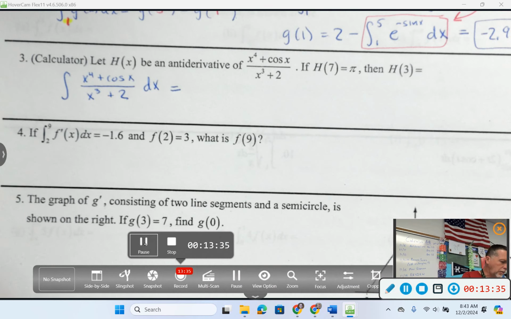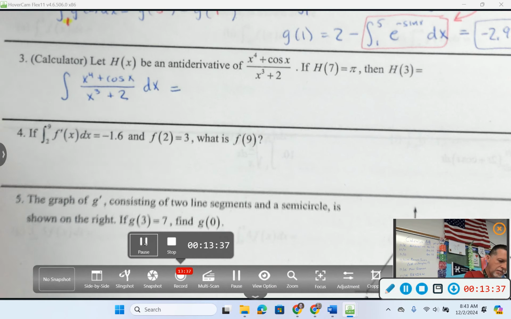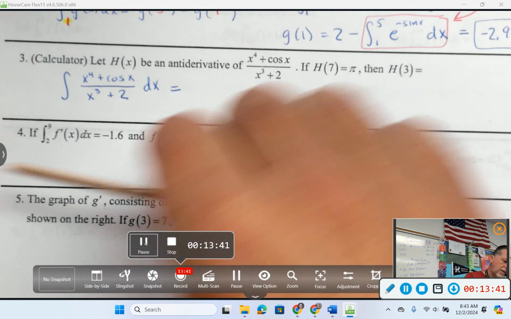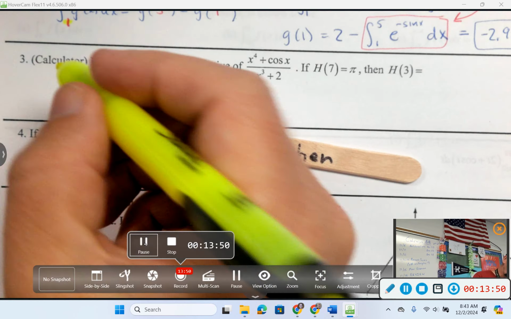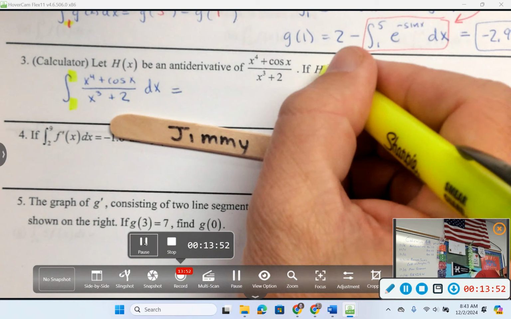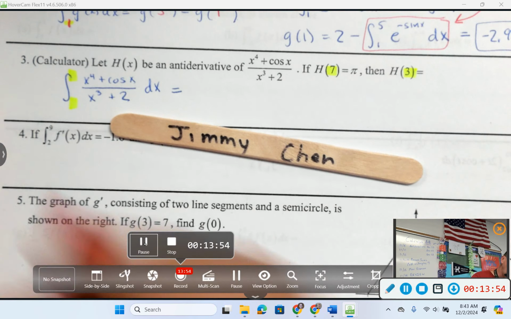Okay, what gets me back to h? It's not here. Jimmy, what x values should I use? What limits should I use? Yeah, 3 and 7, because those are the values that we're worried about here.